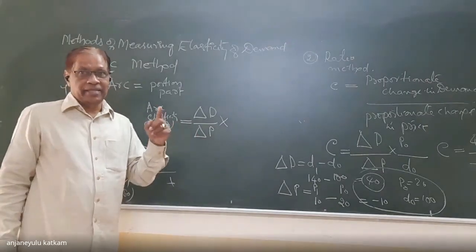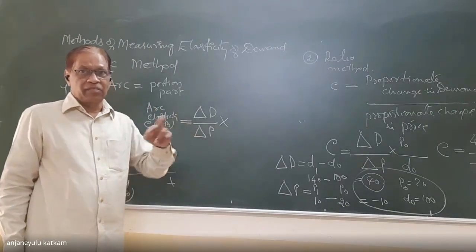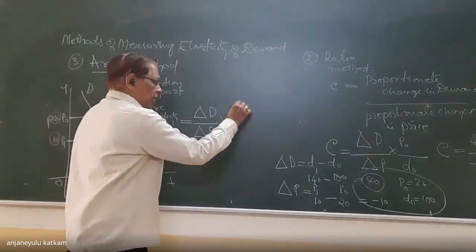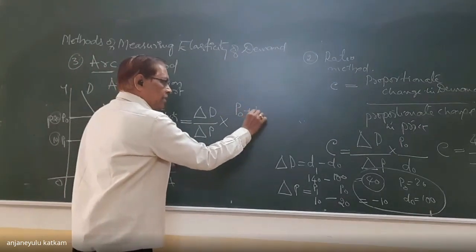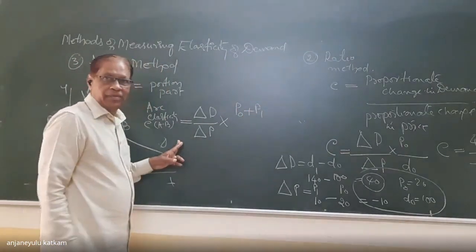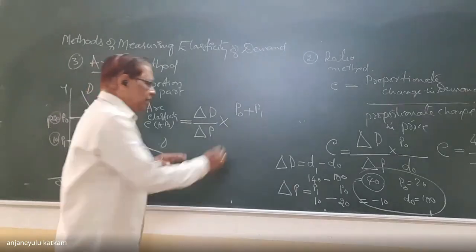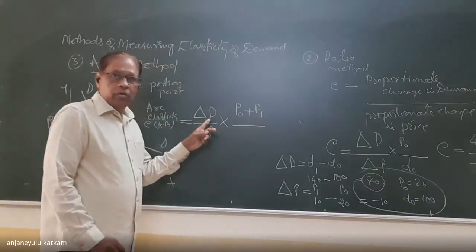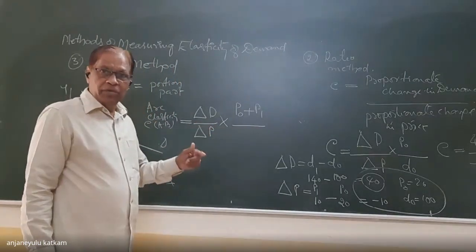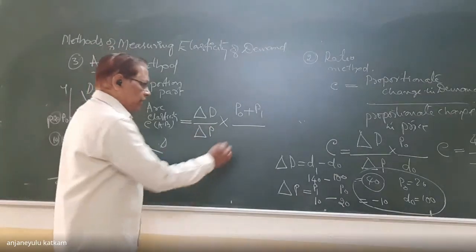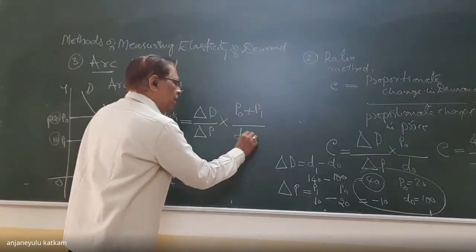Both the prices, that is the price before change and the price after change. That will be P0 plus P1, divided by again two demands. Demand before change, demand after change. That is D0 plus D1.